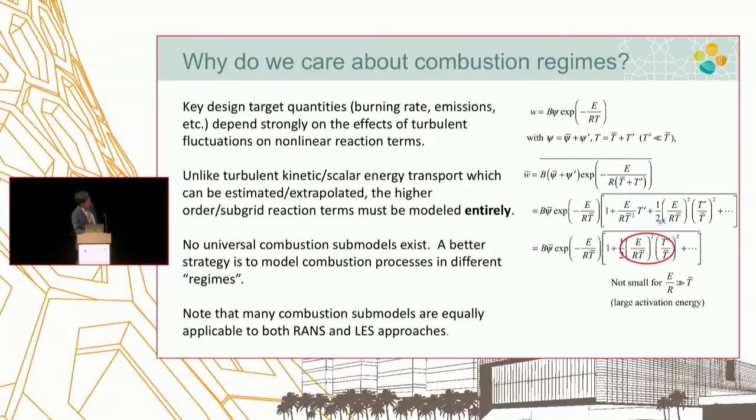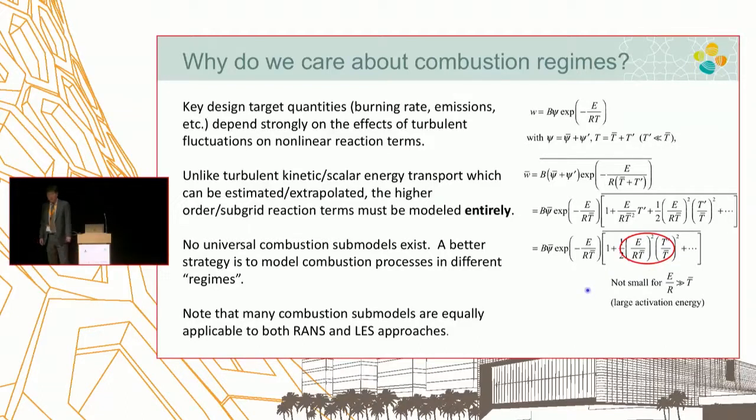If you do the Taylor expansion and summarize, what you find is that the mean reaction rate is different from the reaction rate computed based on the mean temperature and species, because there is an extra term, which is a function of T prime. Depending on E, the activation energy, which I told you is usually large, this term may be as big as or even bigger than the mean value.